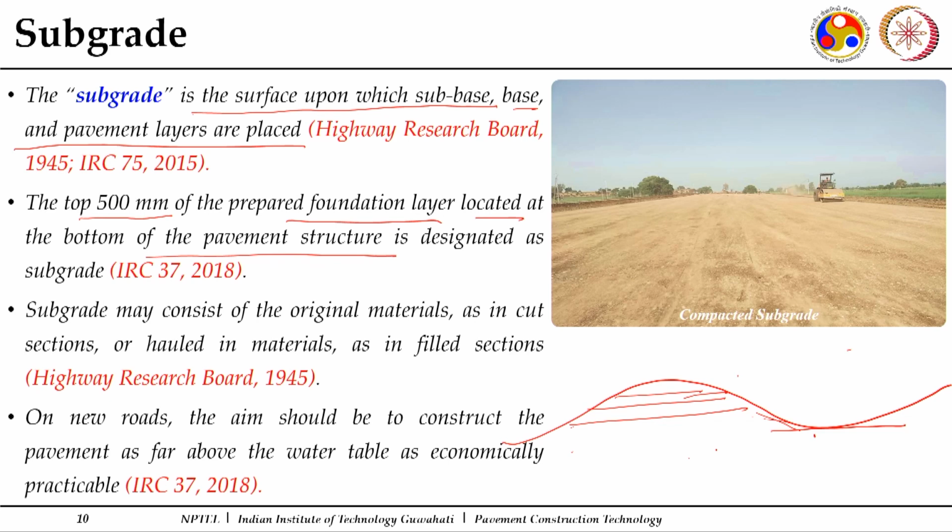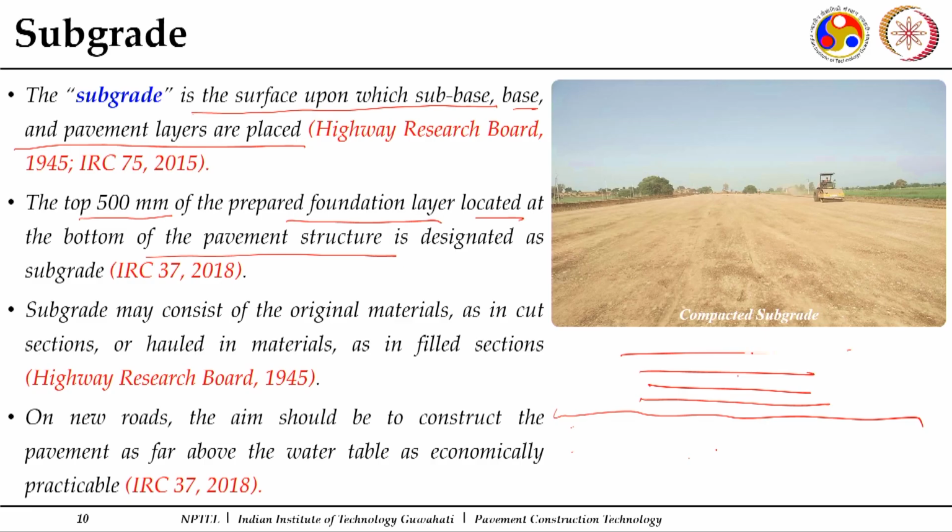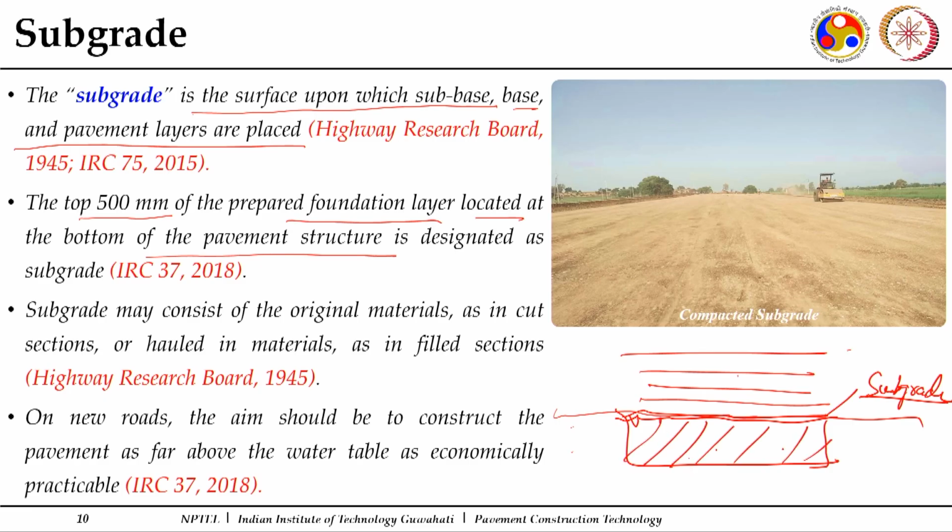It should not happen that if this is my existing ground, you should never put up your pavement crust directly over it and just compact the top of it and call it a subgrade. No, that is not the way you do subgrade construction. You have to cut it down to a depth of at least 500 mm and remove it.